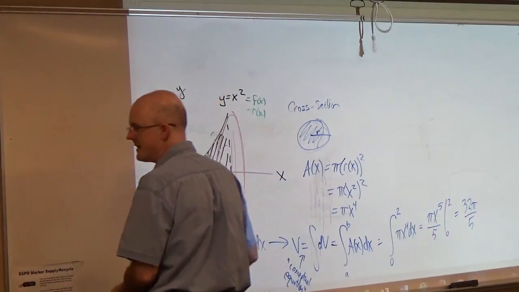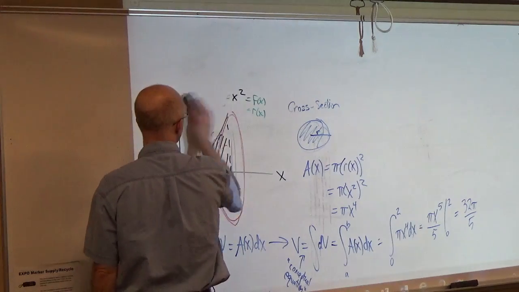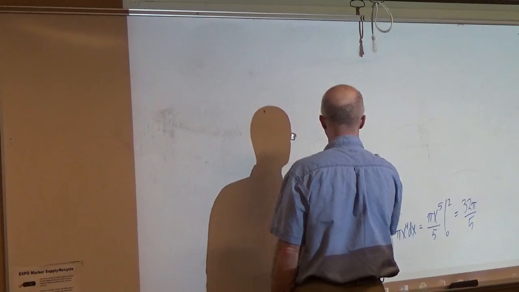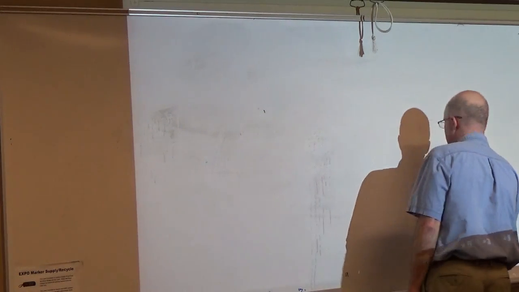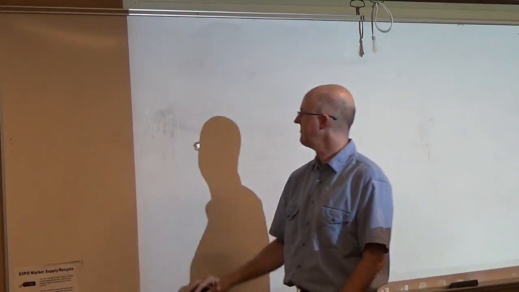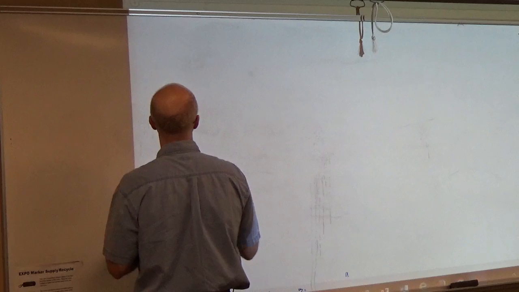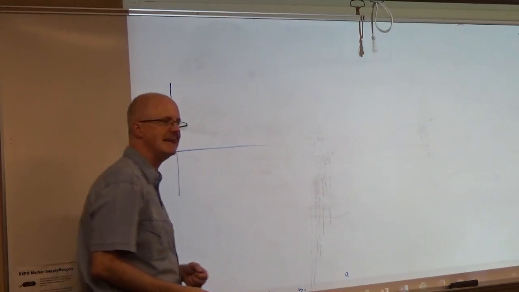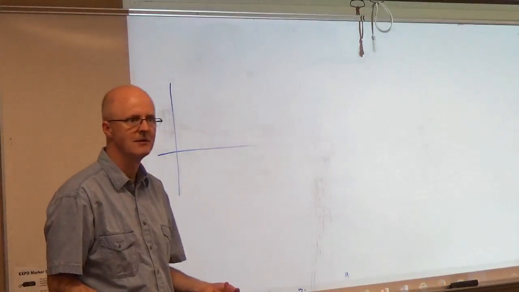Let's do a trickier one. One way this can get trickier is if your region that you're rotating has sides where one of them is not the x-axis, for example.